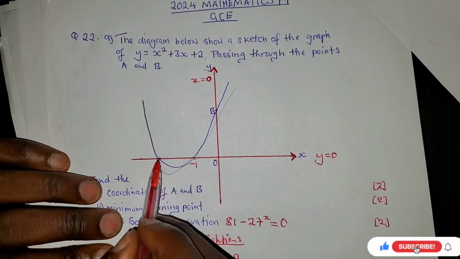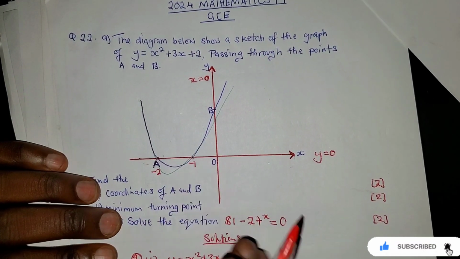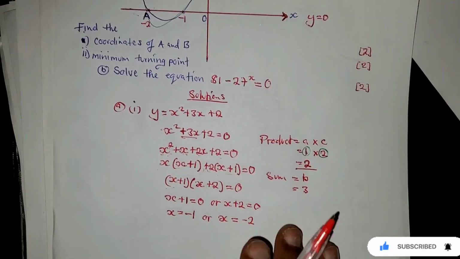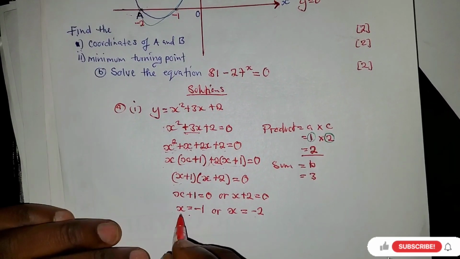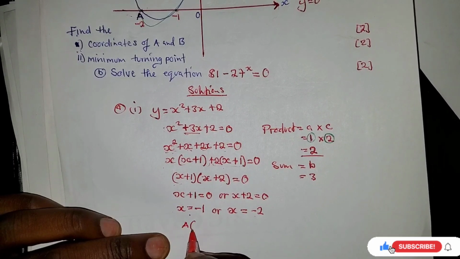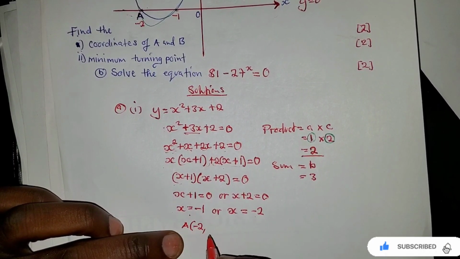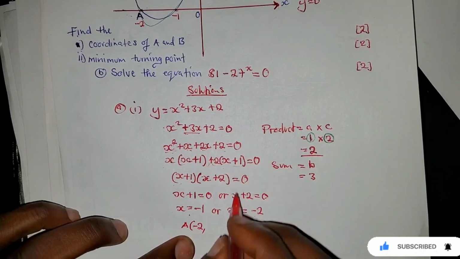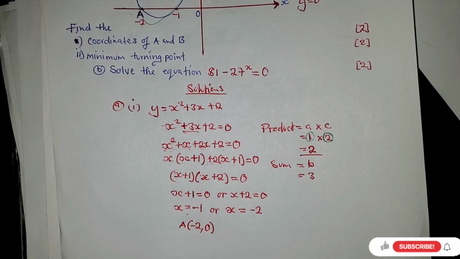And they are asking us to find this coordinate and this coordinate, not this one. So we are not going to consider this one. We're going to consider this one. So you can say the coordinates of A, what is the value? So x is negative 2. What is the value of y? We substitute y with what? 0, because y on the x-axis is 0.